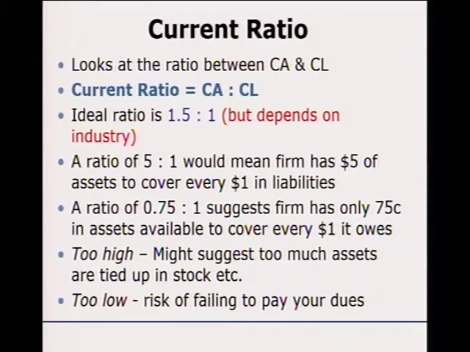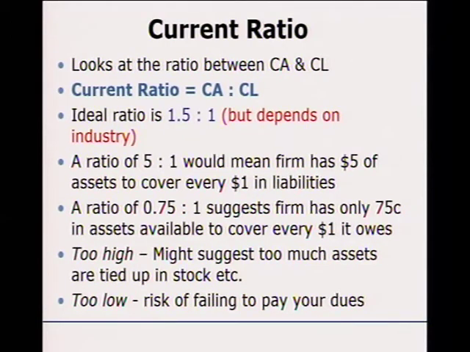A ratio of 5 to 1 would mean the firm has $5 of assets to cover every $1 in liabilities. Okay, if you're having $5 to cover $1 of what we owe, good, it seems, but is it good? We'll see as we go on.